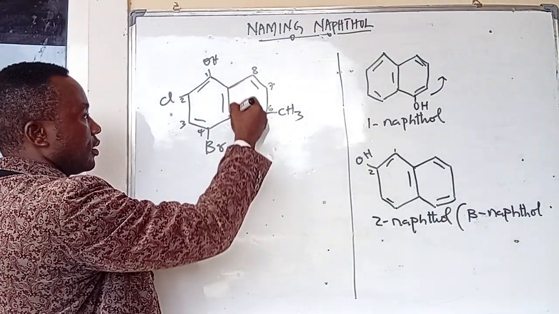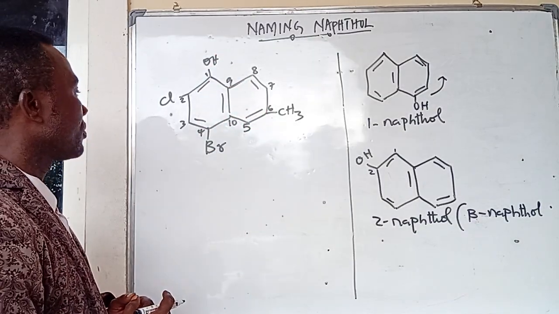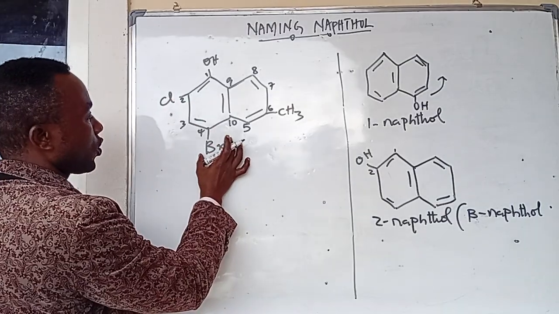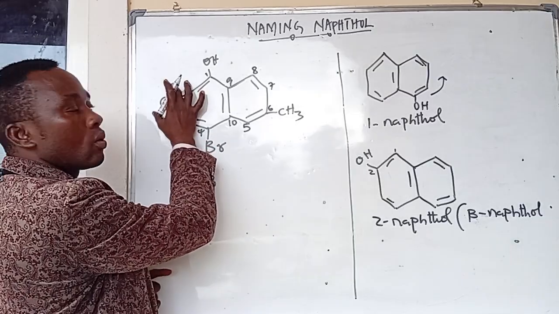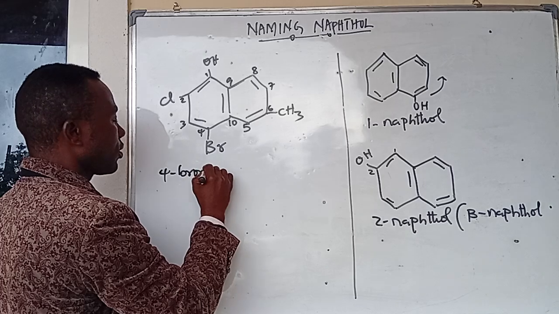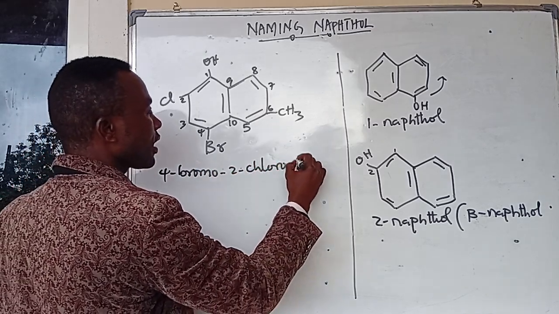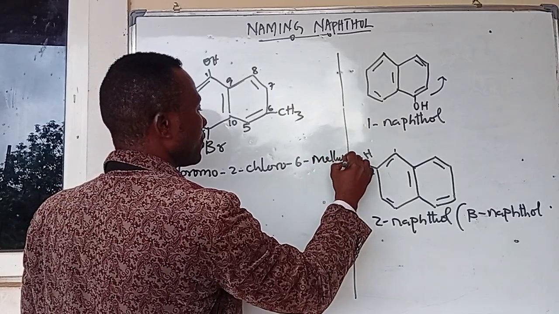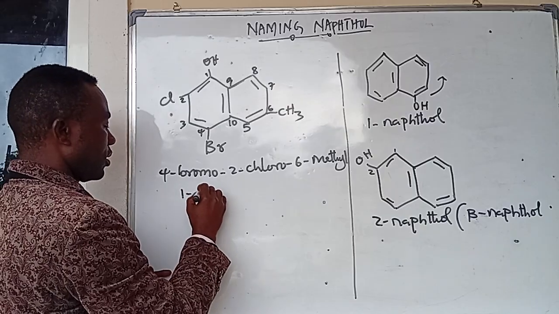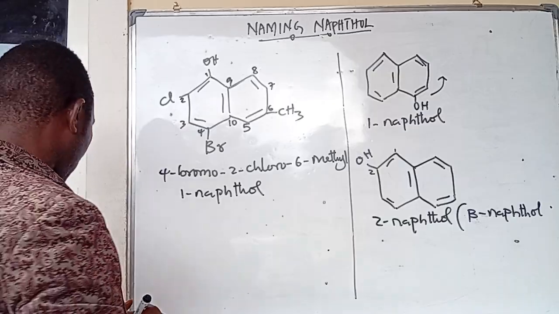The bridge carbons will become 9 and 10. That is how you number. Now, when naming, you name alphabetically. So you have B, bromo, before C, chloro, before M, methyl. So this is 4 bromo, 2 chloro, then 6 methyl, then 1 naphthol. That is the name of the compound.